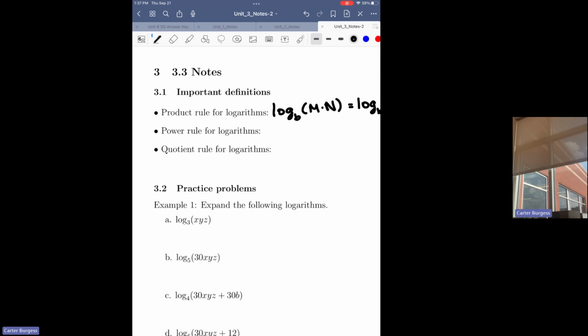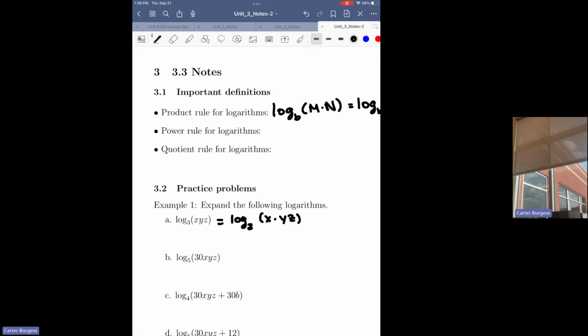So we could let m be x, and we could let n be yz, and there are like 2 other combinations that we could have done that would have been just as good, but this one works great. So however you want to divvy this up is totally fine, but I like going with this idea of saying that this is log base 3 of x times yz, where now x is our value of m and yz is our value of n.